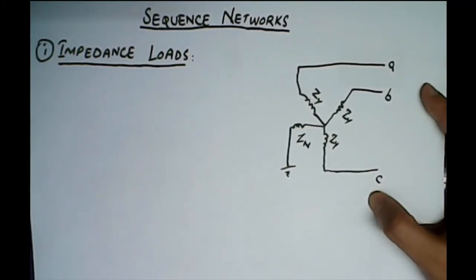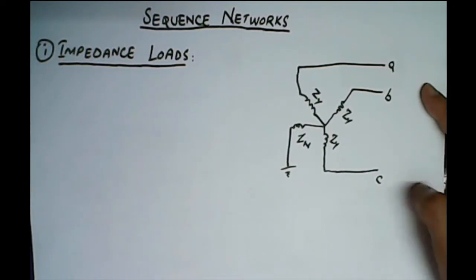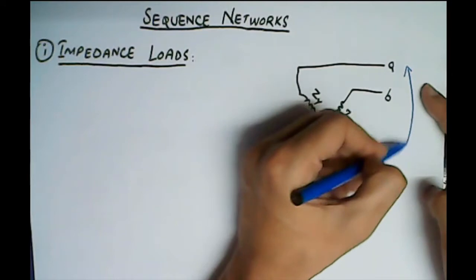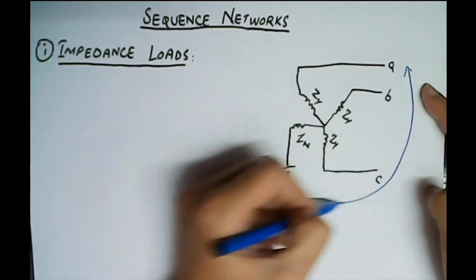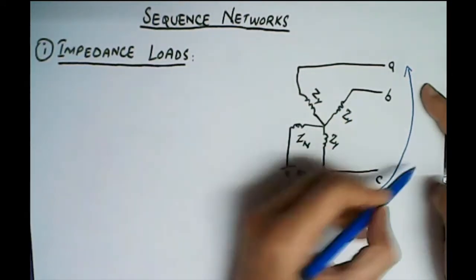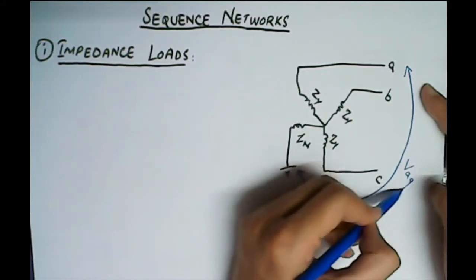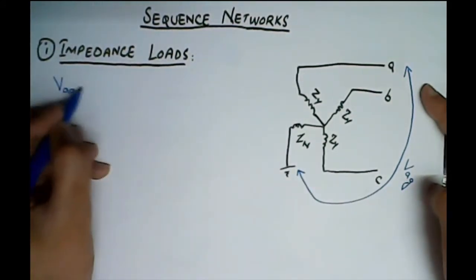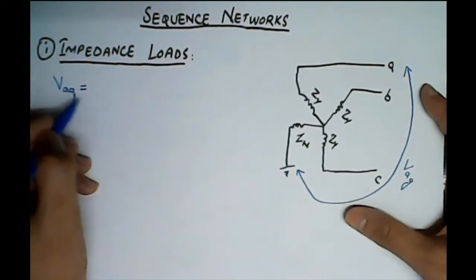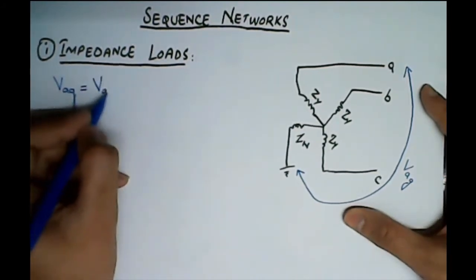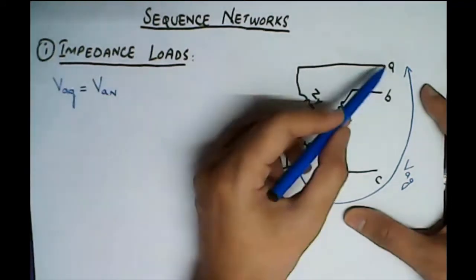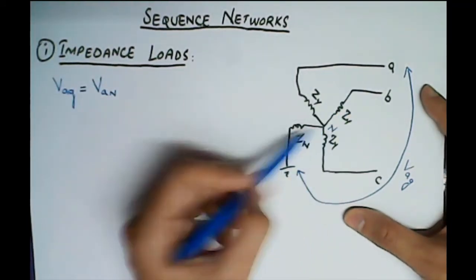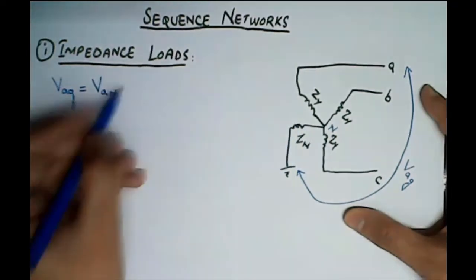Now if we consider the line to ground voltage, this is the voltage between line A to ground. So we can say that this voltage VAG equals the sum of VAN, that is from A to N, the neutral point, plus the voltage at the neutral line.